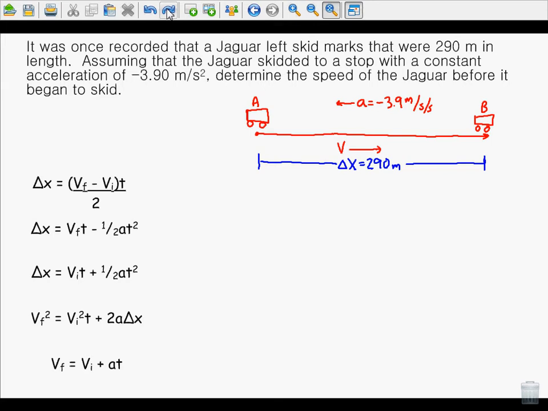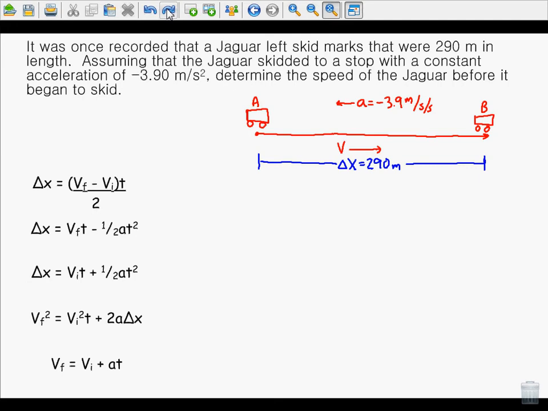And that's also in the right direction. So it skidded to a stop going from left to right. Now it didn't say that in the problem, but I'm just going to assume that to make most of my numbers positive. And also because it gives me the acceleration as a negative number.